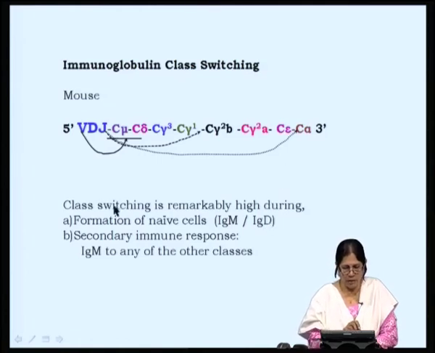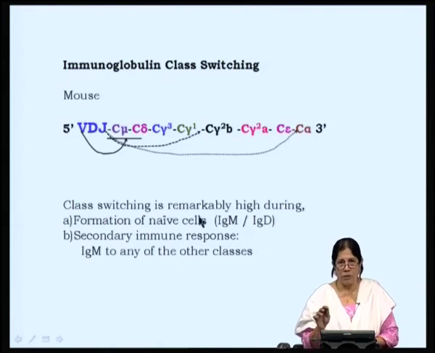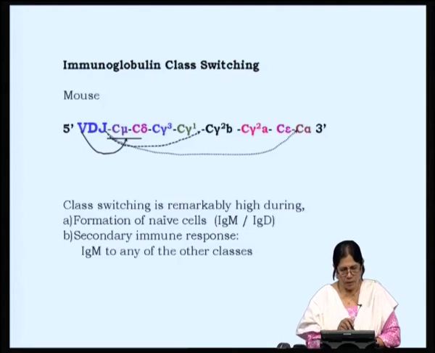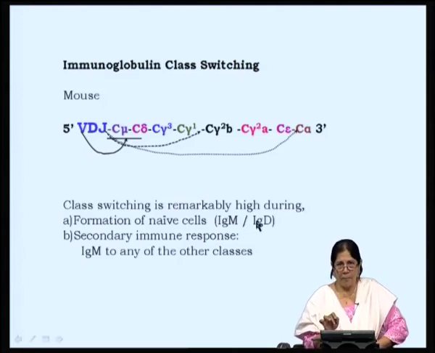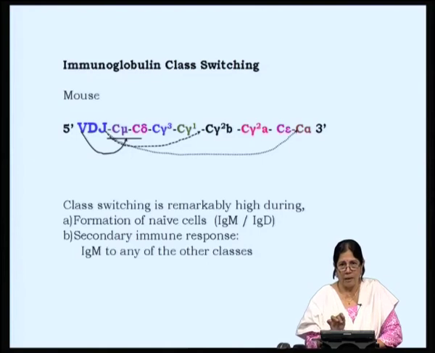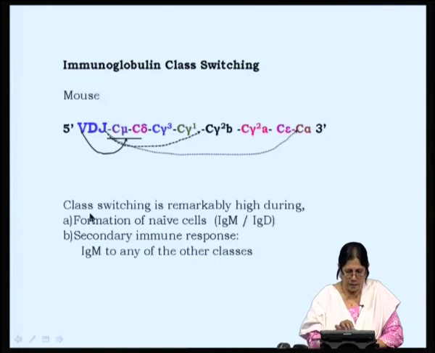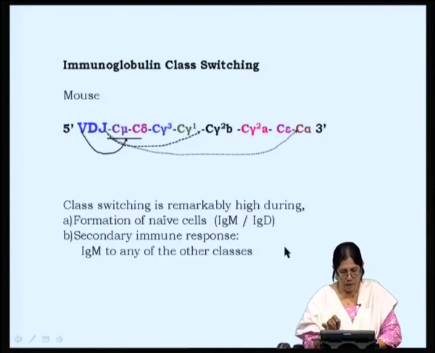Though this is not class switching totally from one to the other, it is alternate switching, by alternate mRNA splicing, that you have formation of IgM and IgD on naive cells.